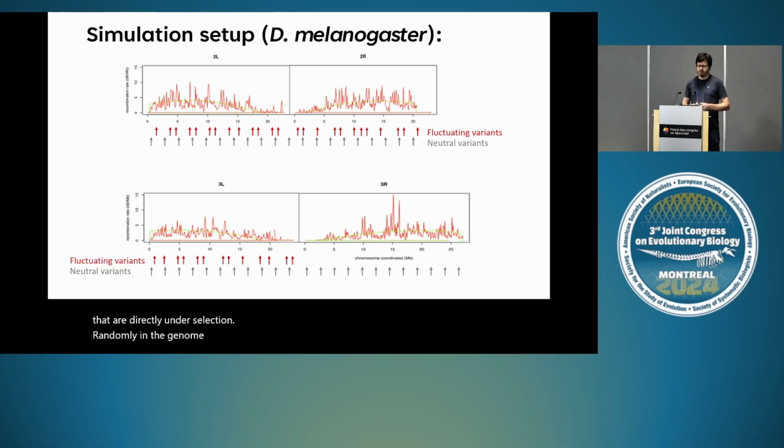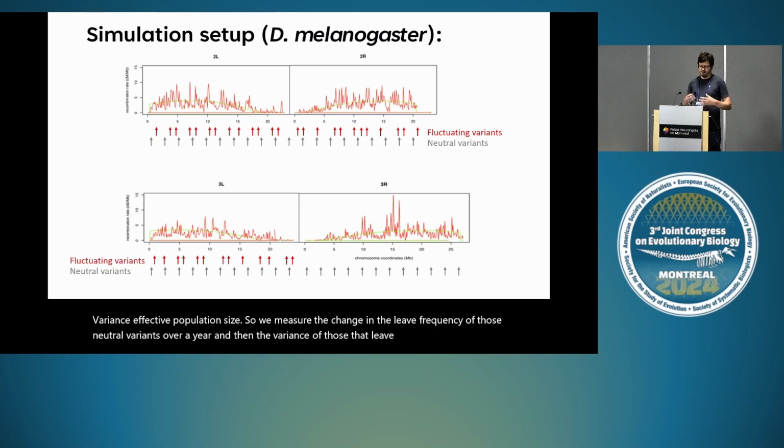And then we also introduce neutral variants. We use those neutral variants to estimate the variance effective population size. We measure the change in allele frequency of those neutral variants over a year, and the variance of that allele frequency change allows us to estimate the effective population size.